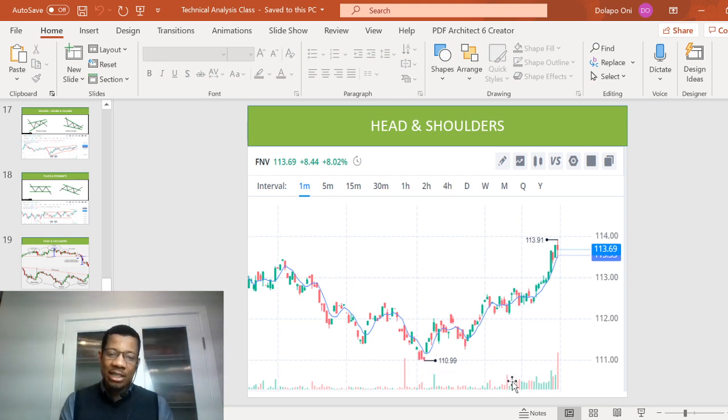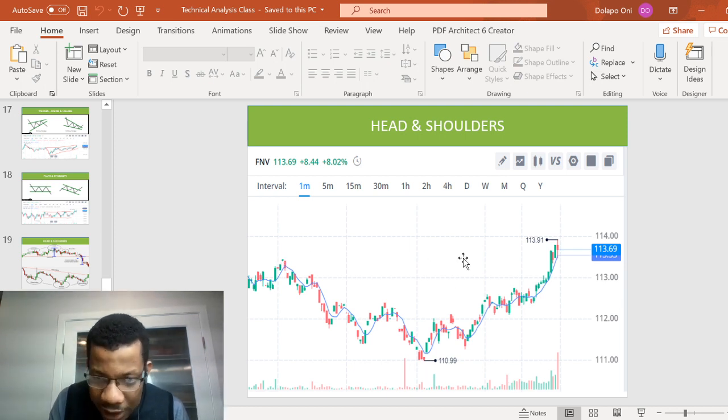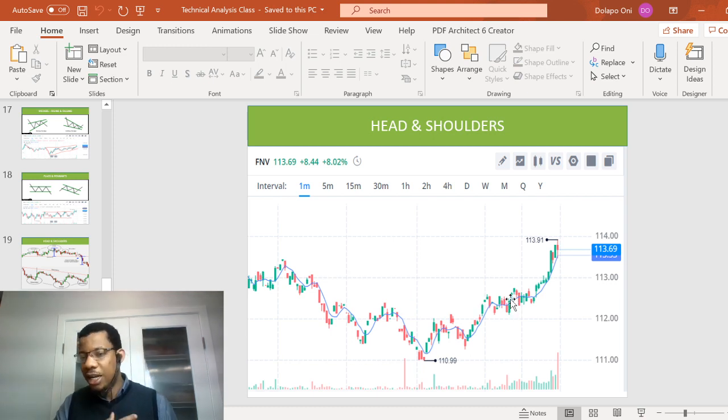So that's a clear head and shoulder. The moment it came out of the neckline, that would have been your buying point, somewhere around 112 or above, and then you ride it up until it gets to wherever it's going, and you keep monitoring so that you know when the market is turning.